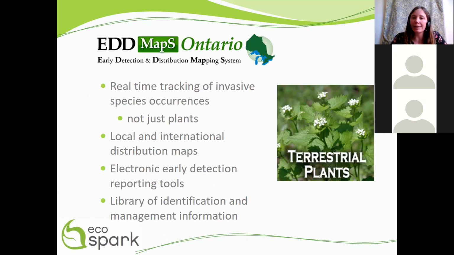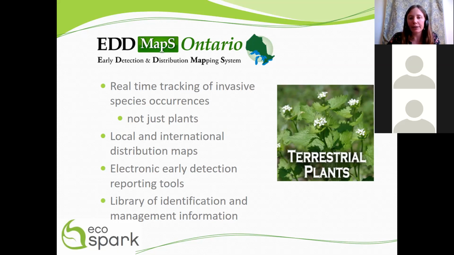Again, not just plants, but you can see garlic mustard here is the EDDMapS terrestrial plants poster child. It provides local and international distribution maps. So if you are joining us today from outside of Ontario, thanks for participating, and note that you can participate in EDDMapS all throughout North America.